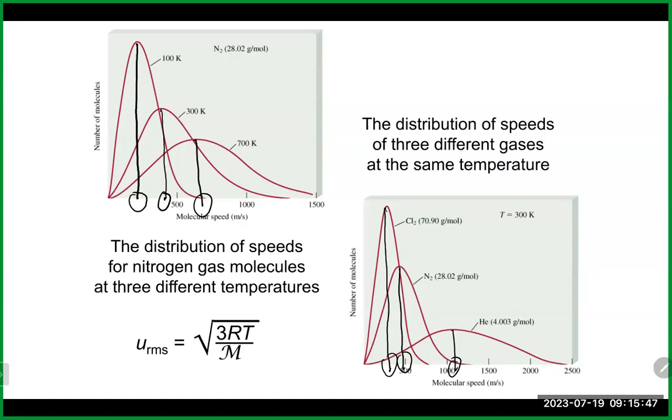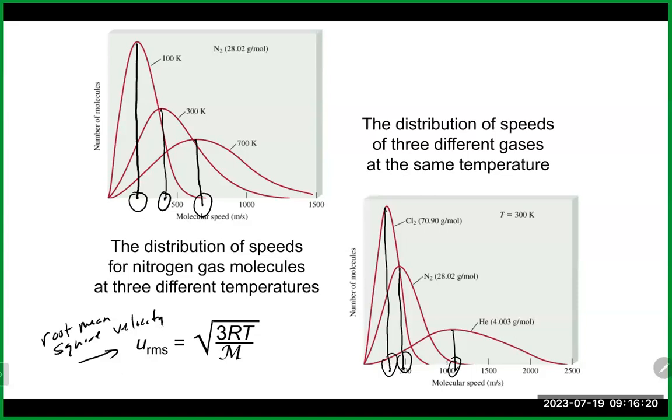Chlorine is about 70 grams per mole, nitrogen is 28, and the lightest of all is helium at 4, so it's moving much faster. At the same temperature, because helium is a much lighter gas than chlorine, it is moving much faster. You could actually calculate what is referred to as the root mean square velocity.